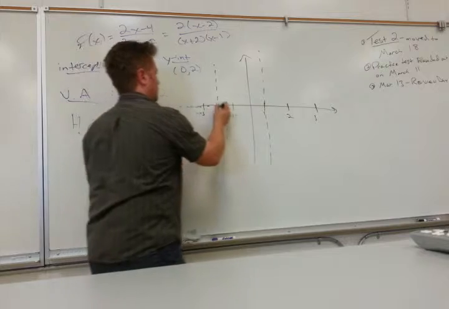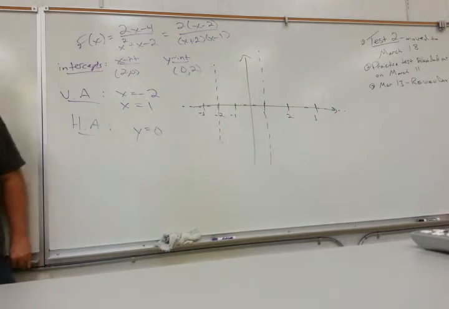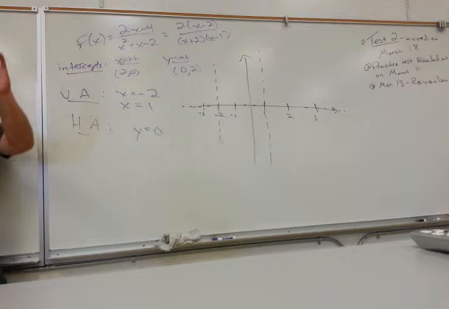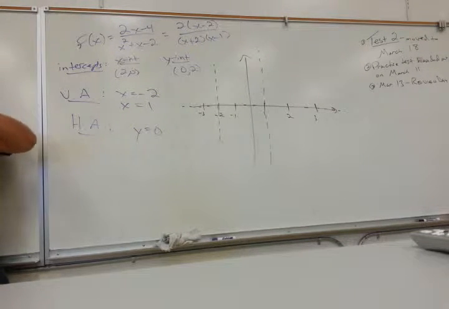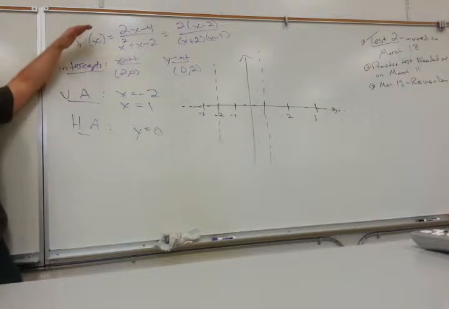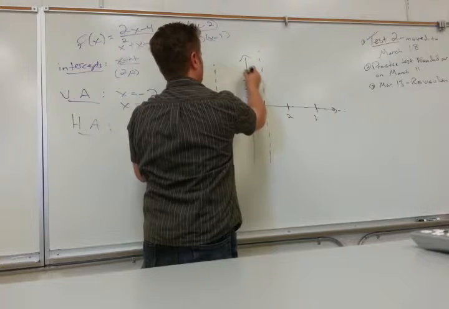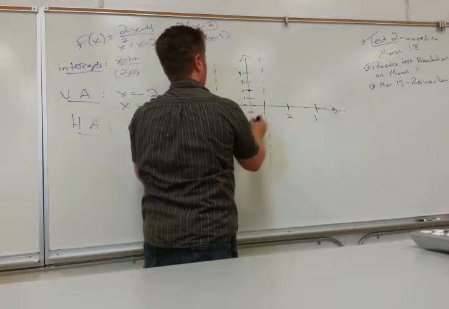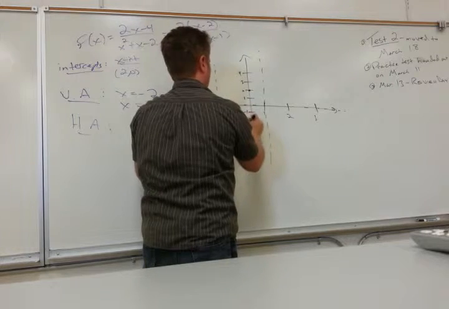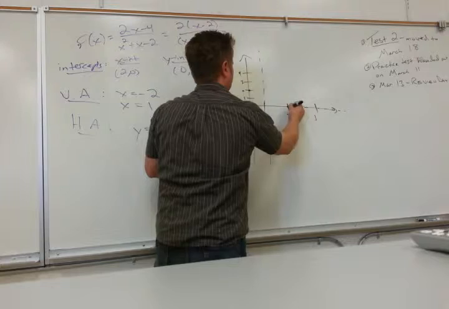I like it. Okay. So it's naturally kind of broken up into 3 regions already. What else can I put up here? I got my y-intercept is (0, 2). My x-intercept is (2, 0).